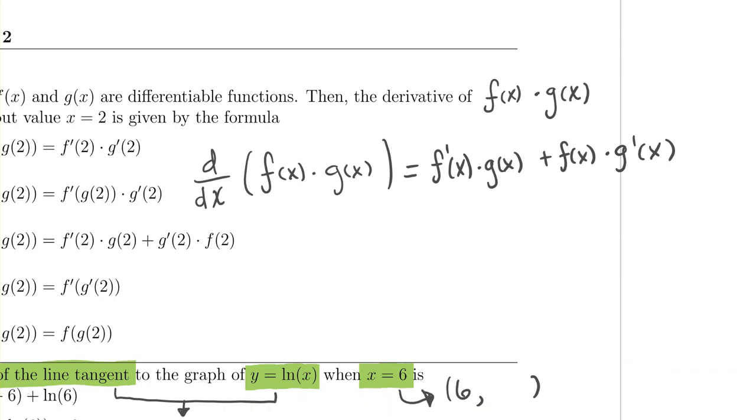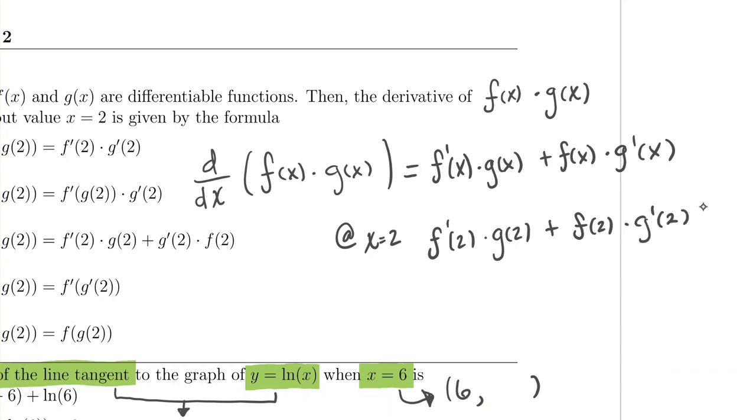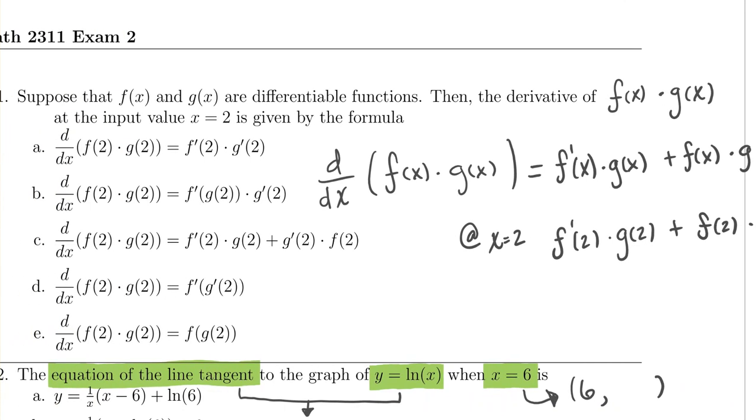So this derivative at x equals 2 could be found by the expression the derivative of f at 2 times the value of g at 2 plus f at 2 times the derivative of g evaluated at 2. Looking at the answers, we see that that is option C.